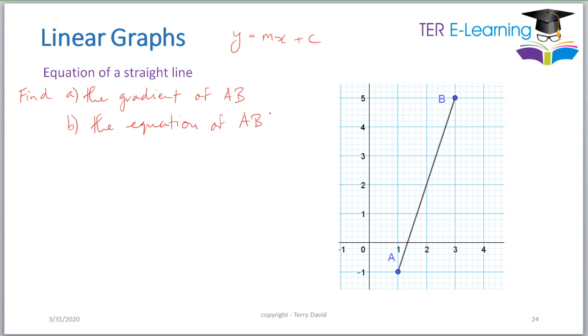It's a typical exam question. So the first thing is to find the gradient. Alright, so that's part A. I want you all to quickly find the gradient, and then I will work out the equation of the line for you. Right? So the first part is the gradient. Work that out for me.